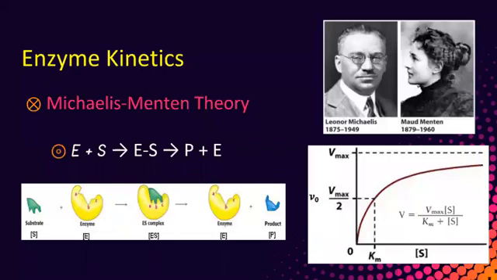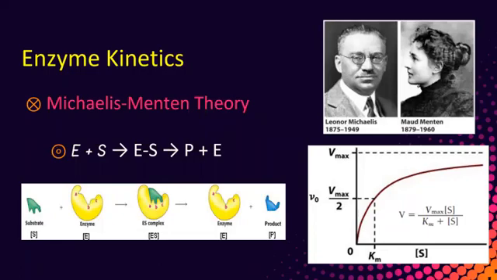Okay, so now let's proceed with enzyme kinetics, or the action of enzymes, and who created this theory. We have here our Michaelis-Menten theory. It's Leonor Michaelis and Maud Menten who originated the theory of enzyme kinetics.